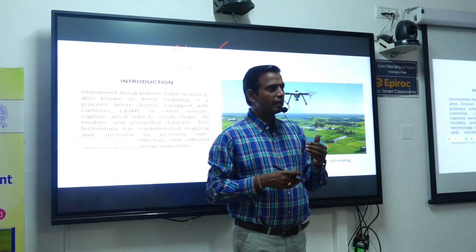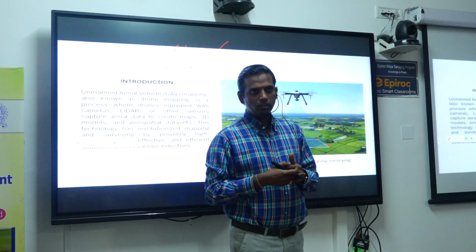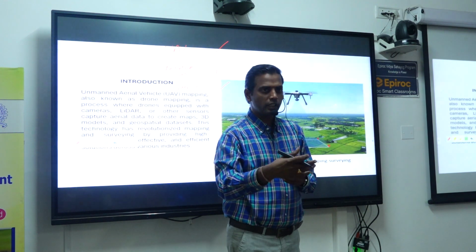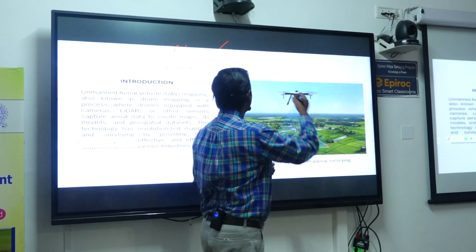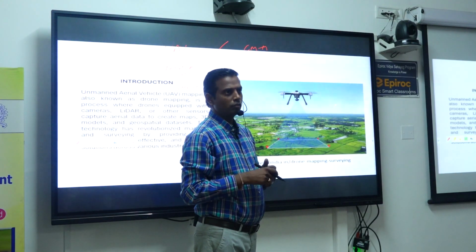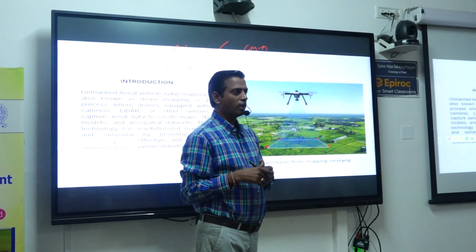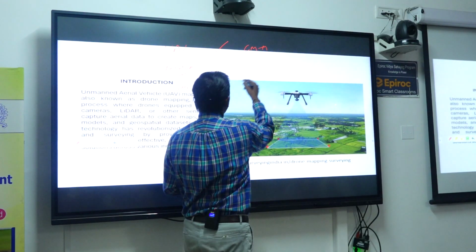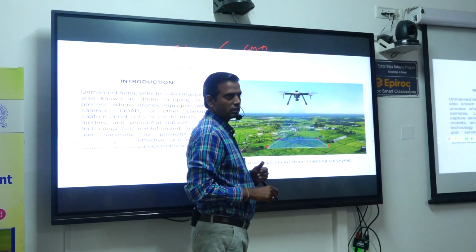Now people have adopted this technology, and instead of satellite images, it will give you centimeter to meter level of accuracy. Why? Because it can fly at low altitude, and it will give you meter level of accuracy.